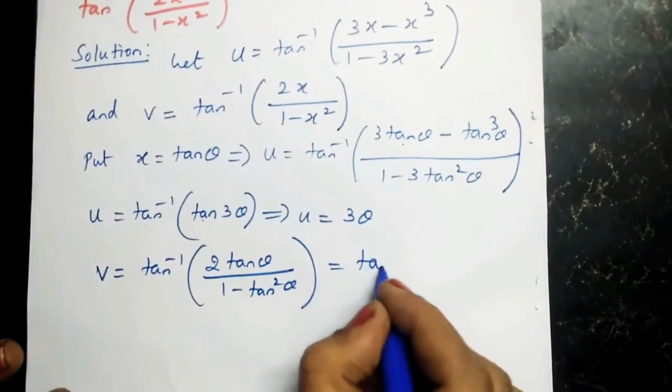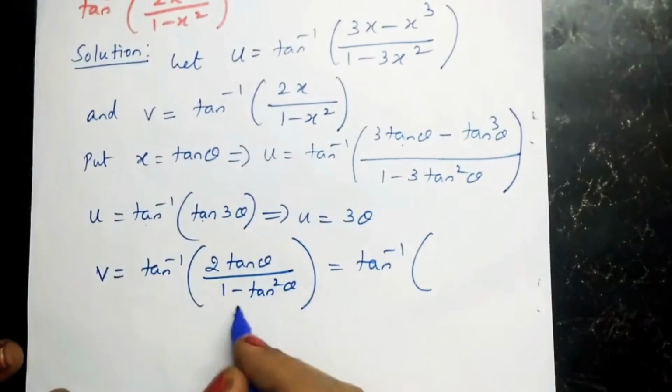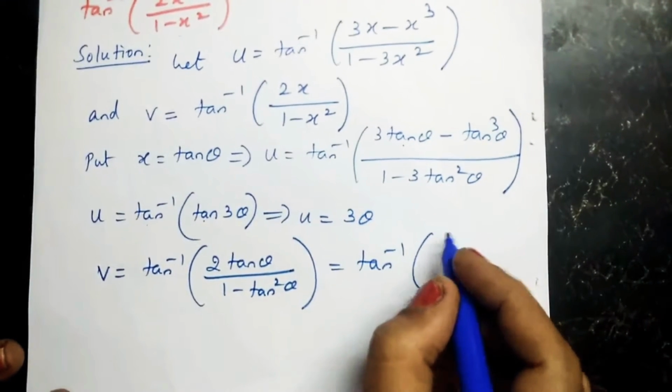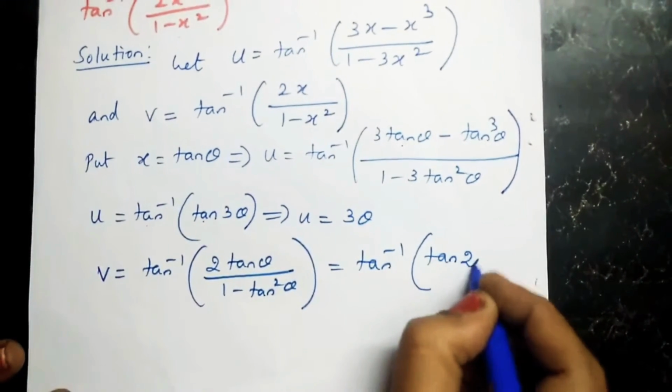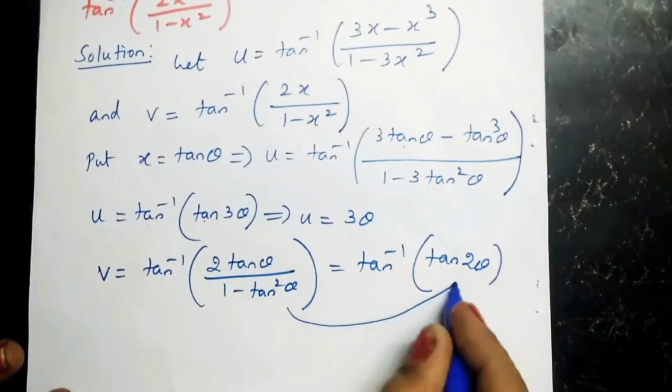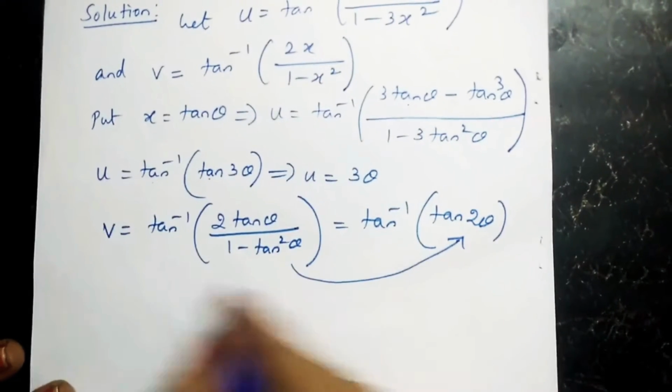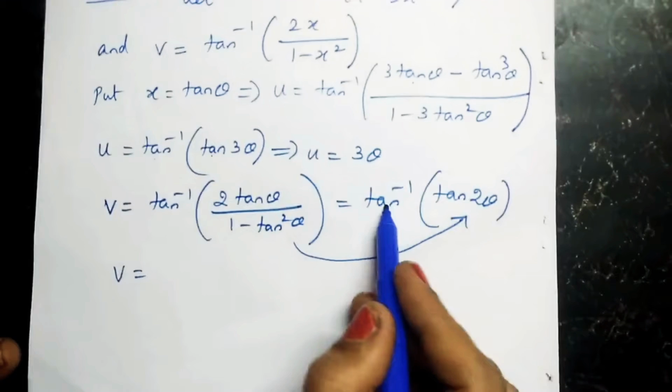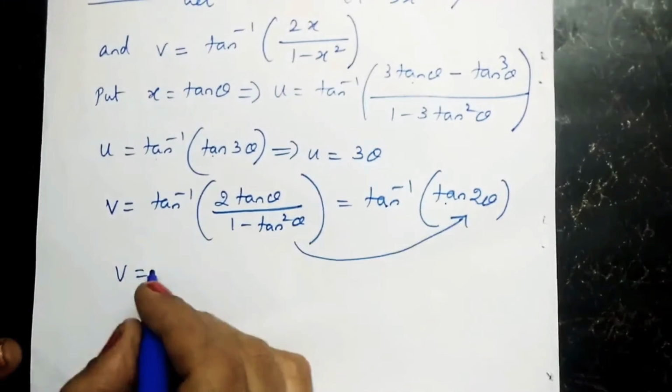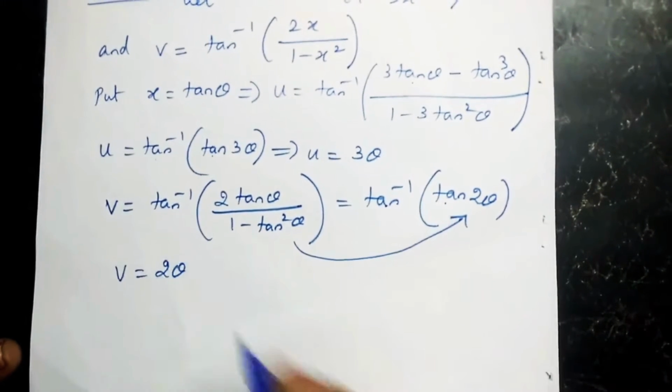This is again a trigonometry formula: 2 tan theta by 1 minus tan square theta is called tan 2 theta. This trigonometry formula you must know by heart. Again v is equal to tan inverse of tan 2 theta, by the inverse property, only 2 theta.